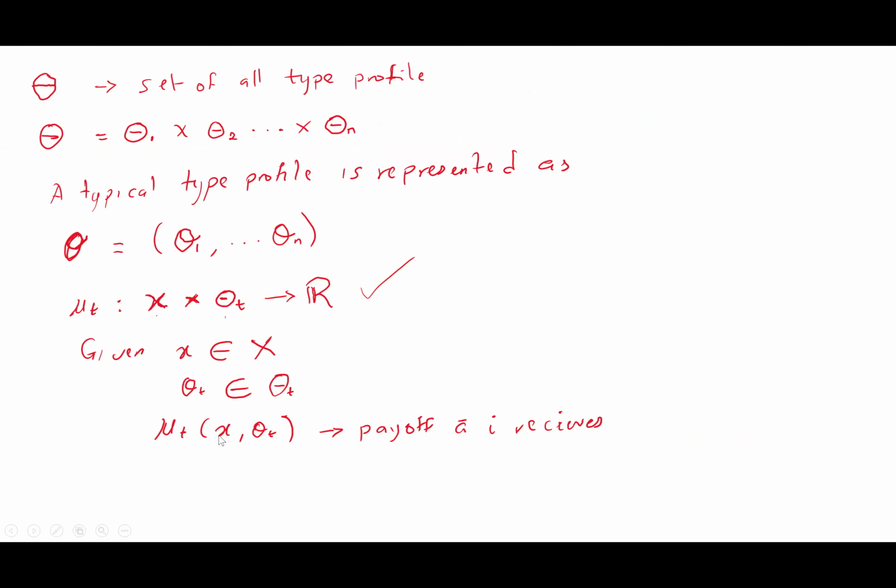The utility of an agent, or the payoff that the person receives at the end of the day, is a function of the person's outcome, based on the strategy that the person played. Sorry, the outcome as far as the entire game is concerned, based on the action that the person took, and the action the other people took, and his own preference.